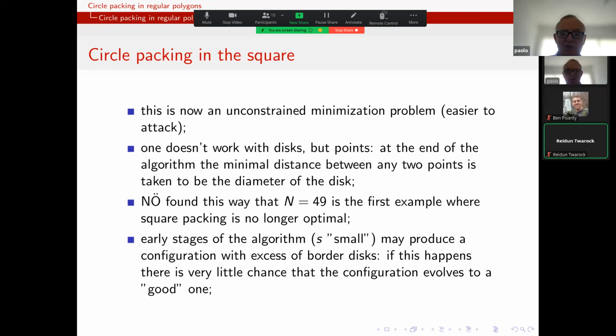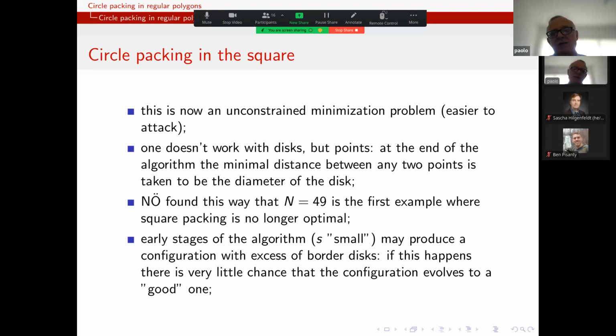One of the features that you may find possibly problematic is that if you start your algorithm with a too small s, so a very long-range interaction, that could produce an excess of border disks.